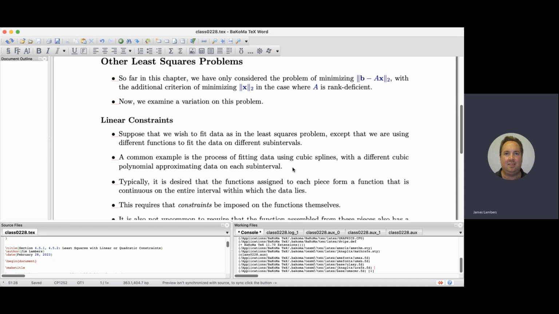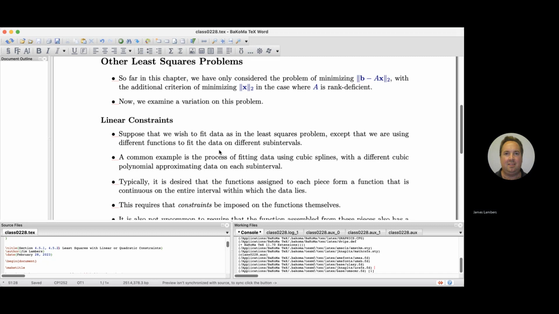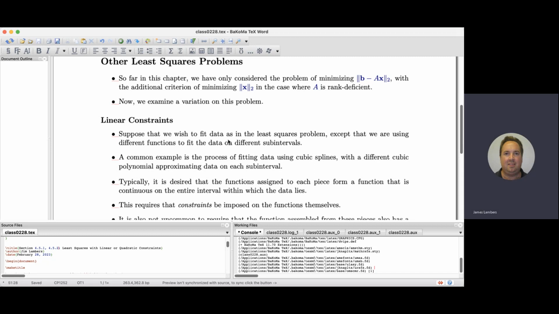So one application in which least squares with linear constraints comes up is when you're trying to fit data, like in a least squares problem, for example, finding a line or higher degree polynomial that fits some given data. But you might not get a good fit if you try to use just one kind of function on the entire domain of the data.